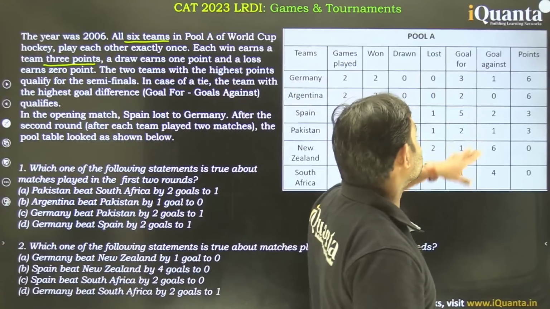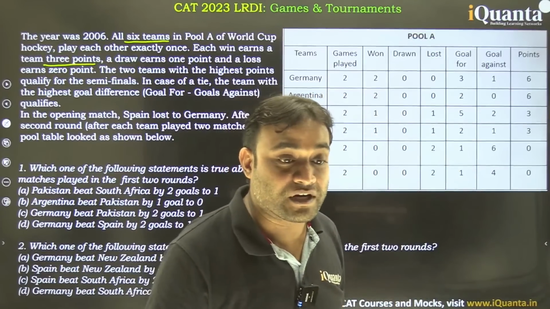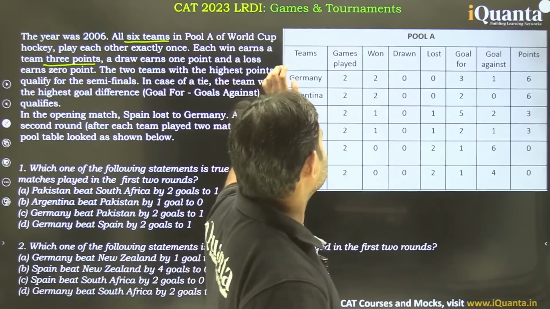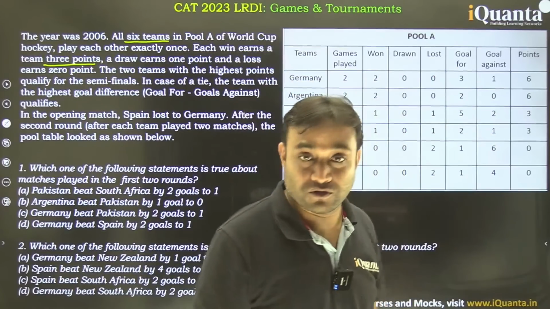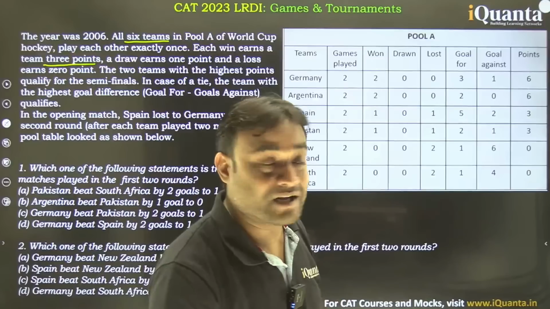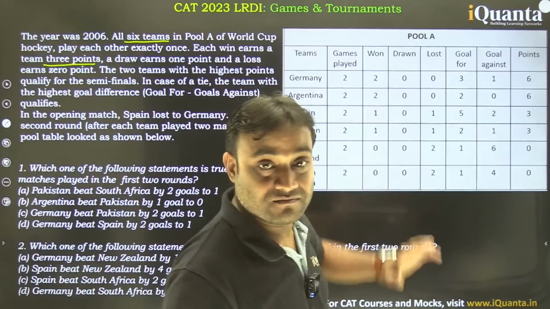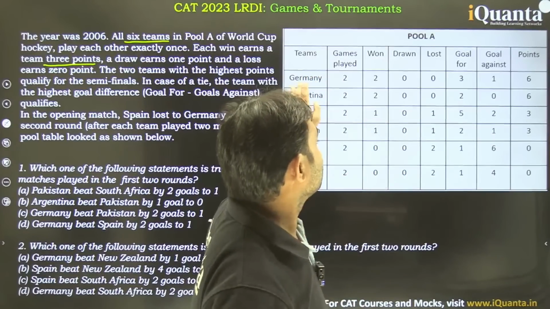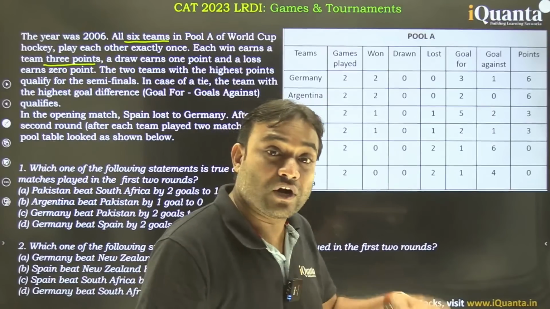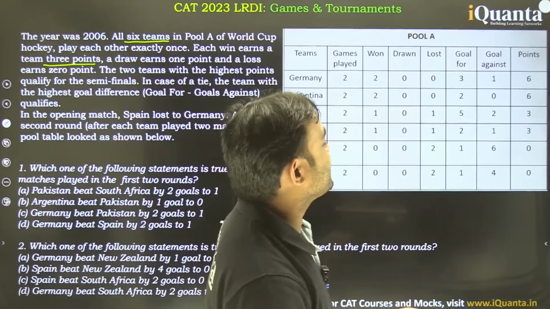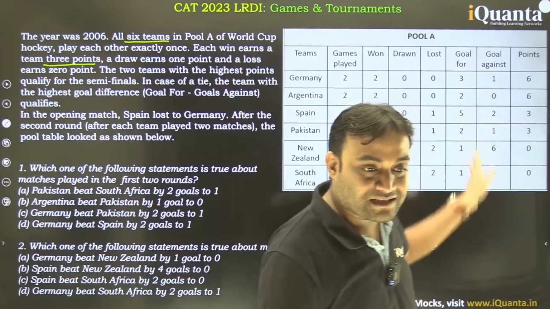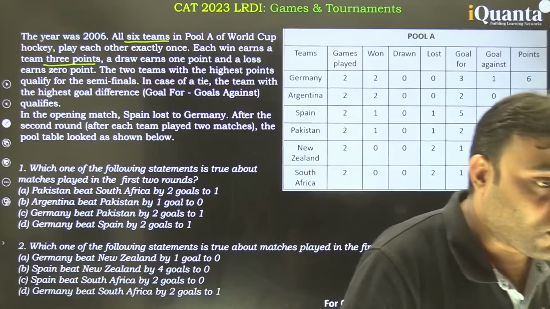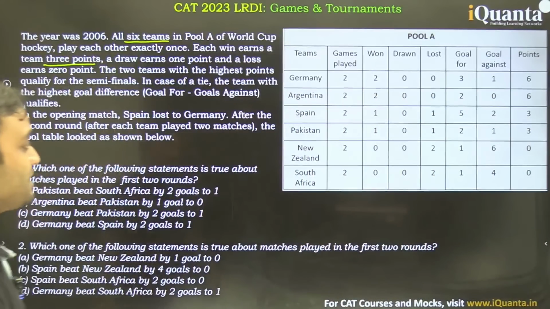Goals for means the number of goals scored by a particular team. Germany scored 3 goals against their opposition in 2 matches together, and the number of goals scored against Germany in those 2 matches was 1, and same for everyone. Only 2 matches have been given.